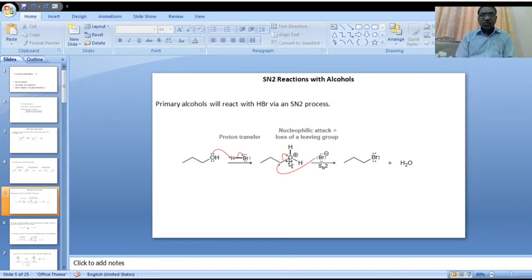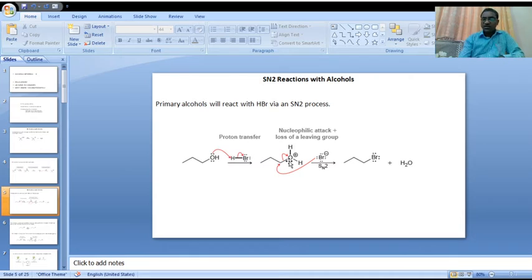Now let us go to the SN2 reaction with alcohols. In the SN2 reaction, it is a single-step reaction. There are no two steps.